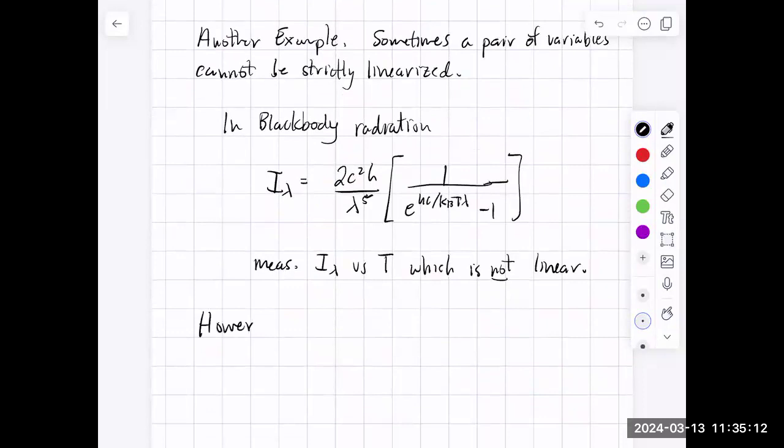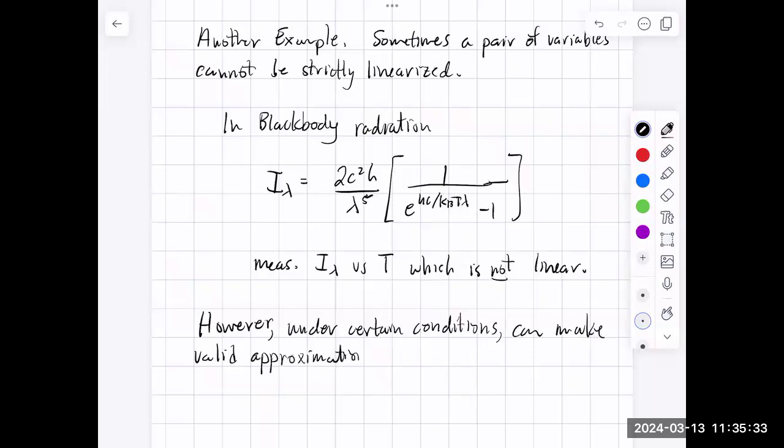So, however, under certain conditions, we can make valid approximations that allow for the data to be linearized. Okay, so in this case, the approximation we want to make is we want to get rid of the -1.